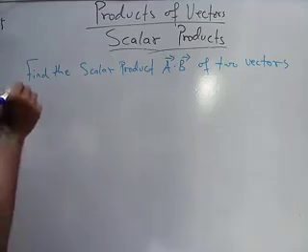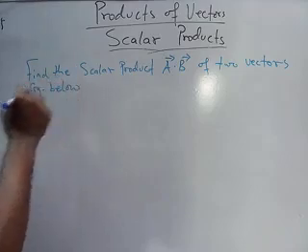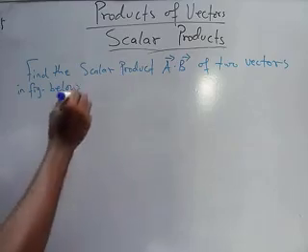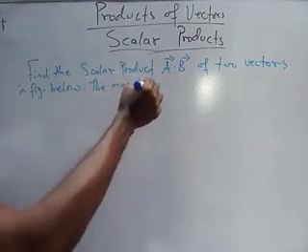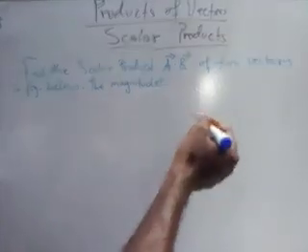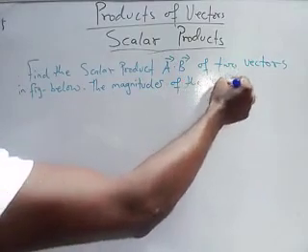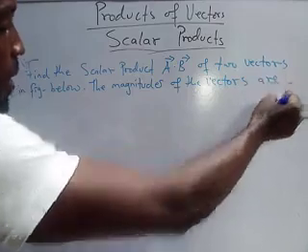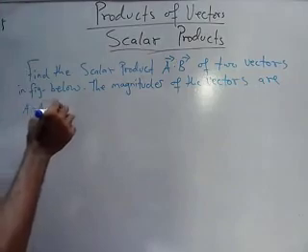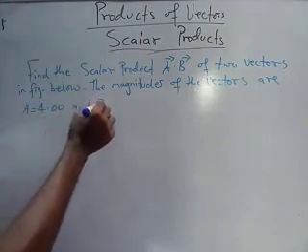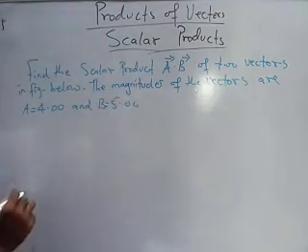In the figure below, the magnitudes of the vectors are what? A is 4.00 and B is 5.00. Where the diagram is what we have there.